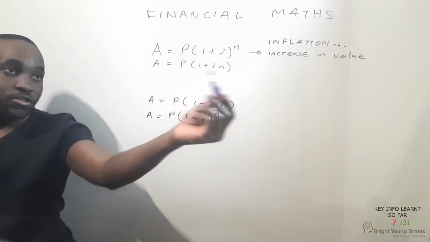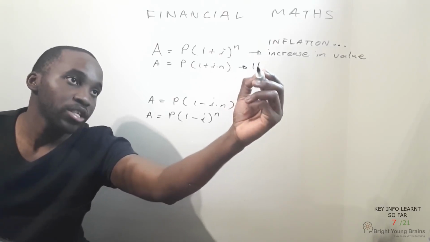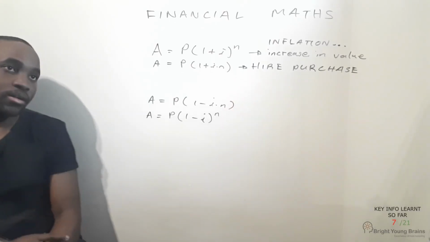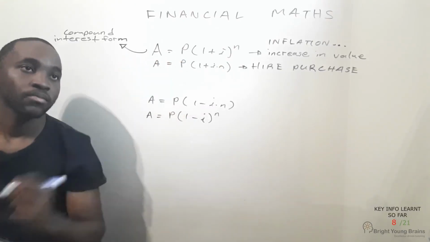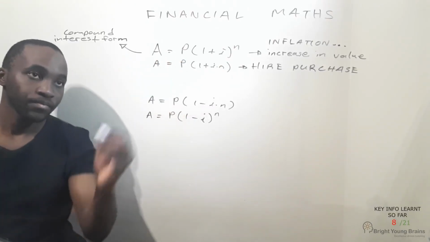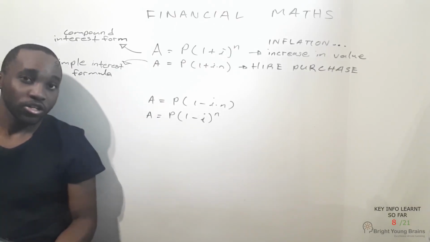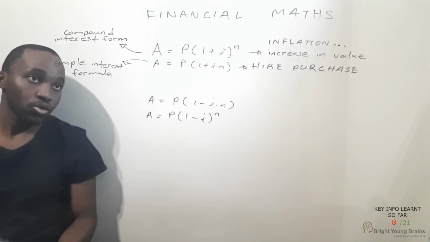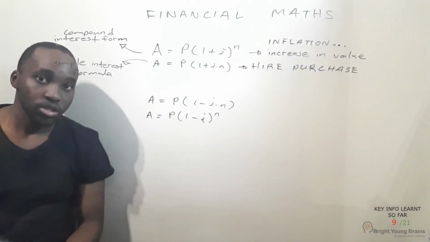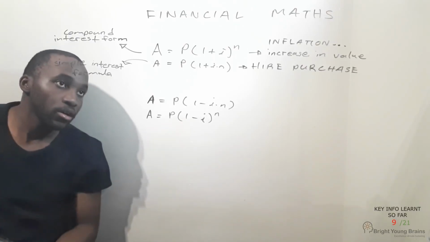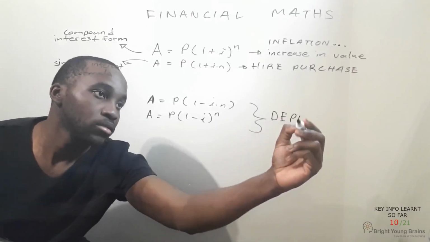When we deal with this formula, we know that we'll be referring to questions that deal with hire purchase. So obviously with these two, we know that this is our compound interest formula. The one under it, we can refer to that as our simple interest formula. So apart from that, we know that these two are mainly used for these two scenarios. The ones down here, we mainly use them when we are dealing with depreciation.